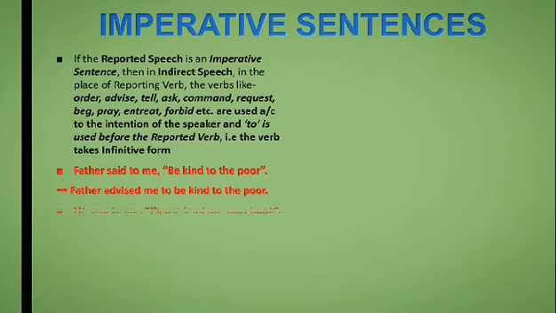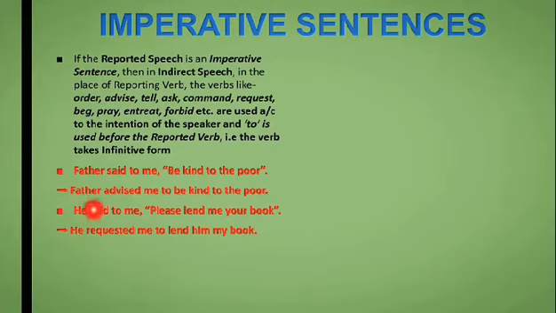Let's see another example. He said to me, please lend me your book. By the intention or the mood of the reported speech, you can understand that this is a request. The person is requesting, please lend me your book. Now let's see the change.